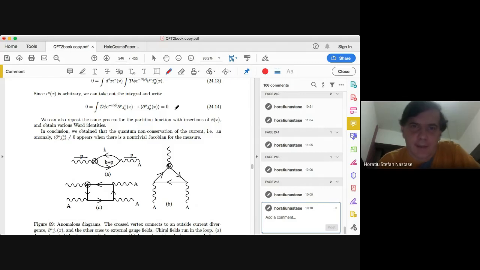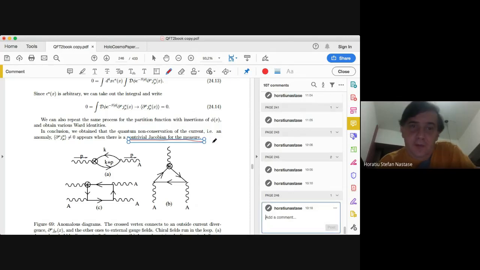But reversely, in order for this to be non-zero, which we define to mean that we have a quantum anomaly, that the symmetry is anomalous at the quantum level, that can only appear if there's a non-trivial Jacobian for the measure from the point of view of the path integral.